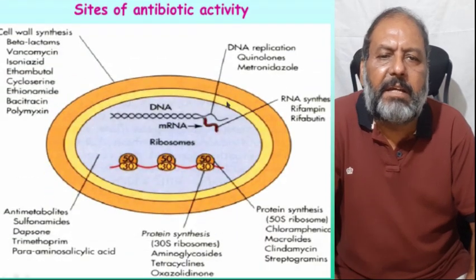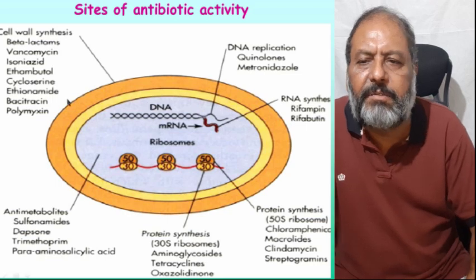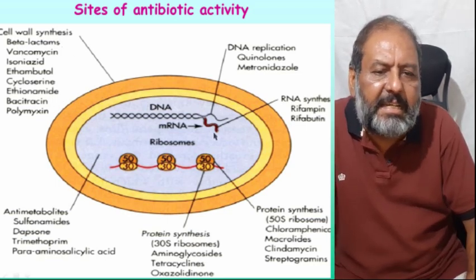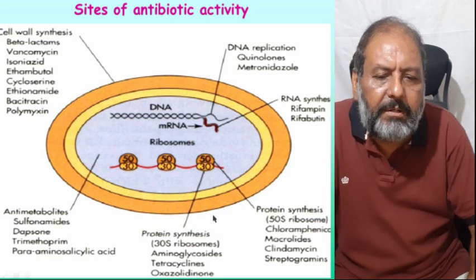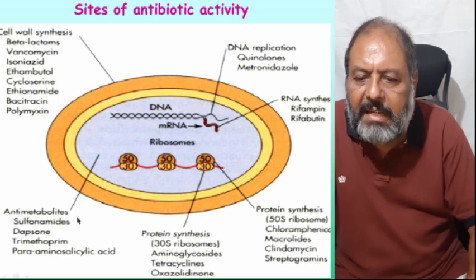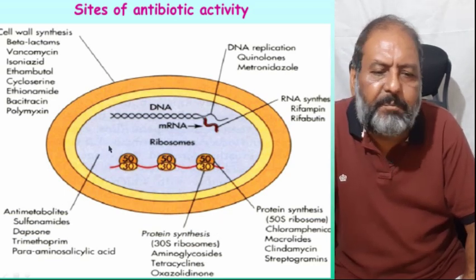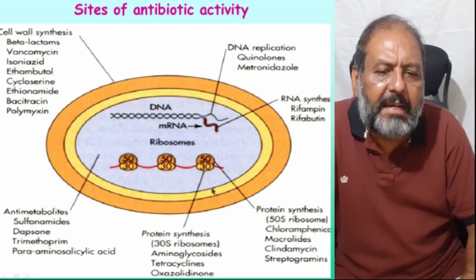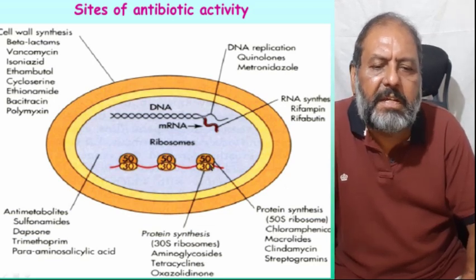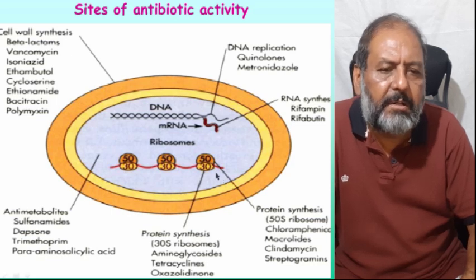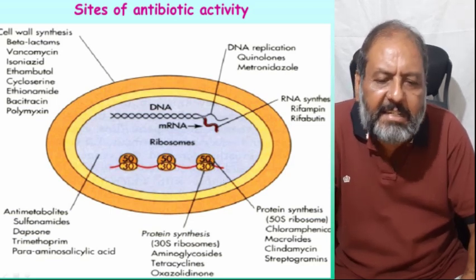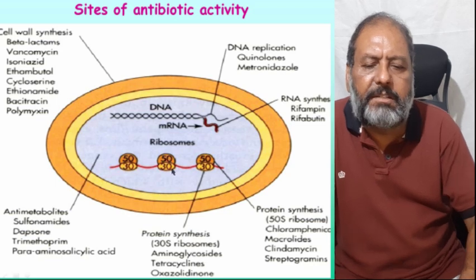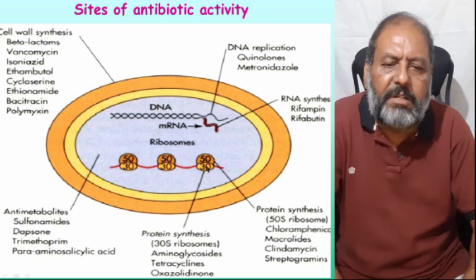And here are the sites of antibiotic activity, as you know: cell wall synthesis, DNA synthesis, protein synthesis inhibition, and antimetabolites like PABA. Some are working on the 50S ribosome subunit, some on the 30S ribosome subunit, and in total they hinder protein synthesis.